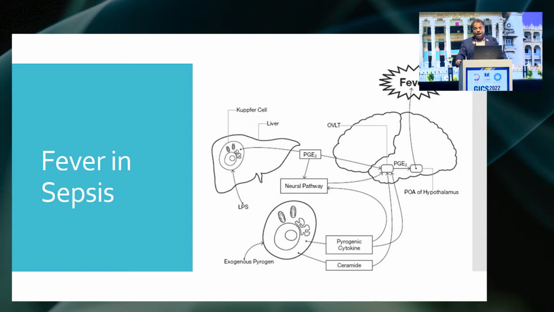But when they develop fever, that means whatever you have done, their immune system has now started responding and is behaving in a better way. That's why fever in a septic patient is good, as long as it's a sign of good immune response.